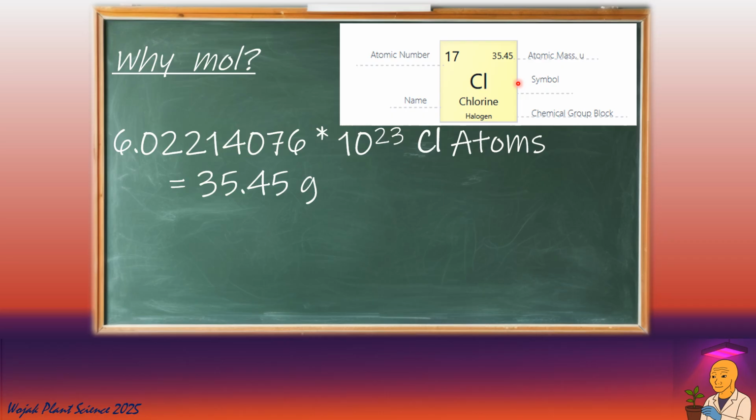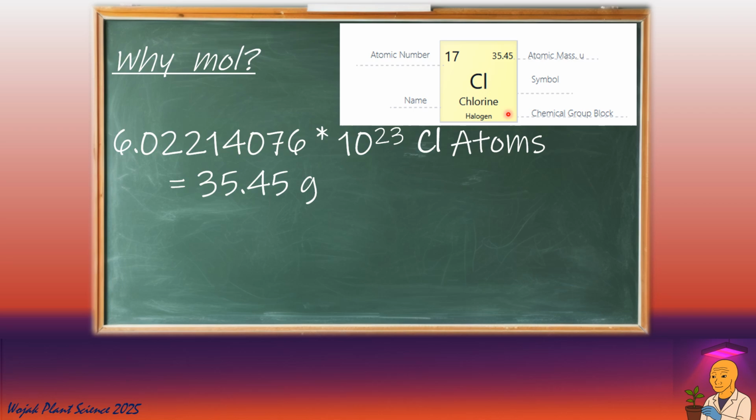And we can do that with any atom. For example, hydrogen has an atomic weight of 1. So we can say that chlorine atoms are 35.45 times heavier than hydrogen atoms.